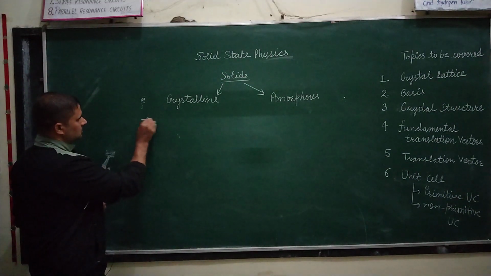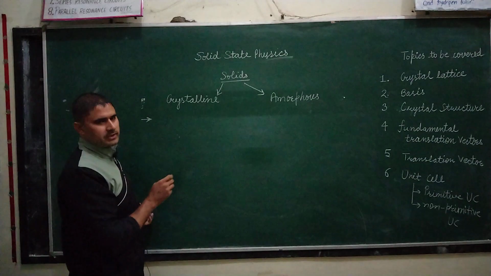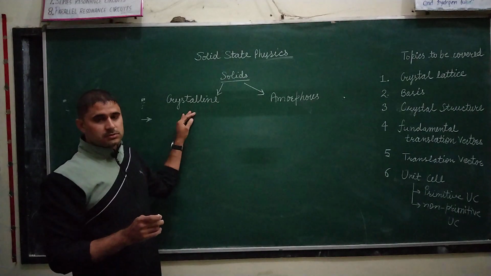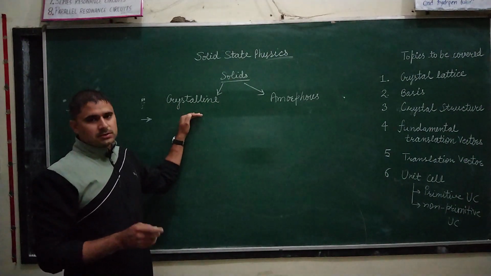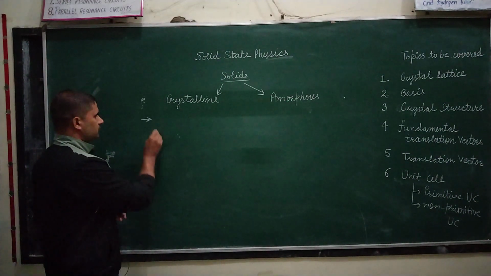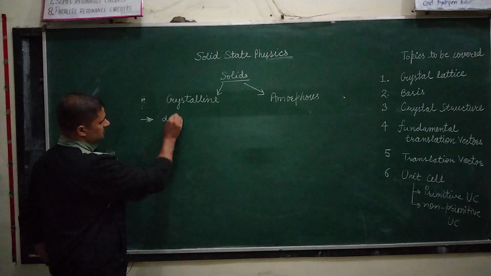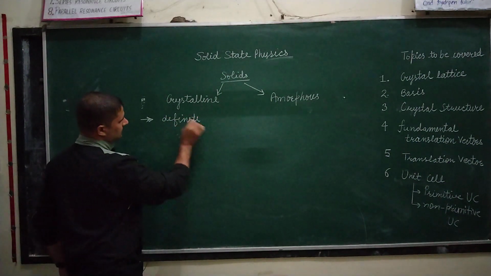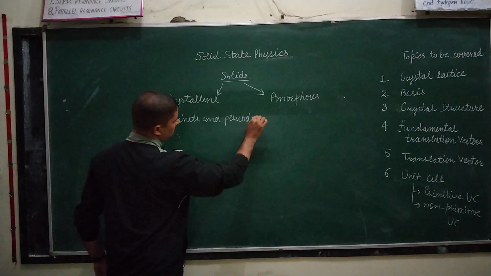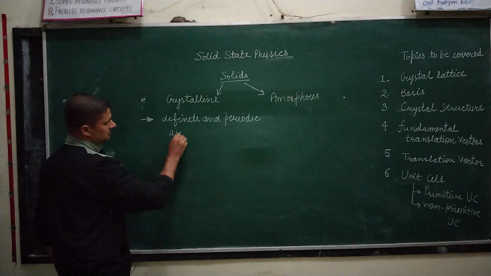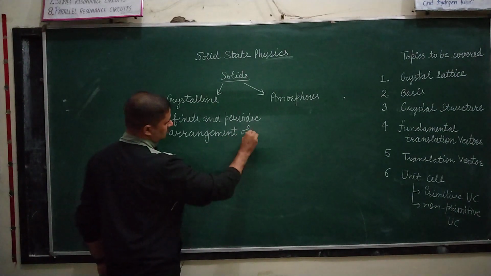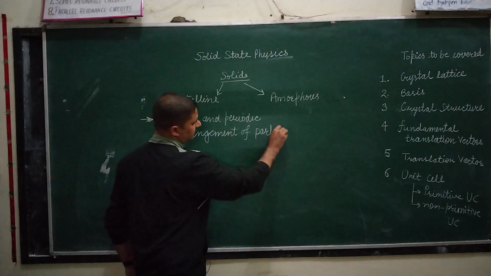First of all, the very basic and most important property is periodicity. The atoms and molecules in crystalline solids are arranged in a periodic and definite fashion. So the first property is definite and periodic arrangement of particles.